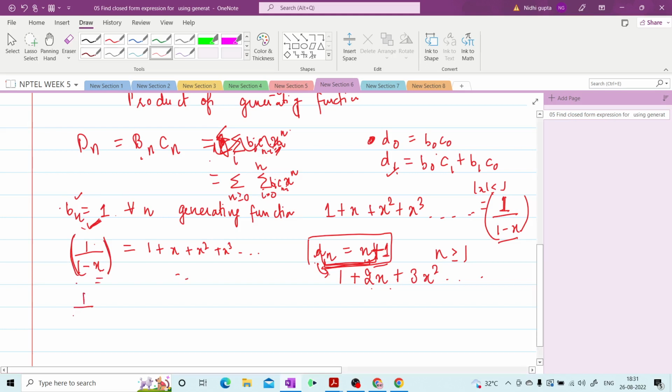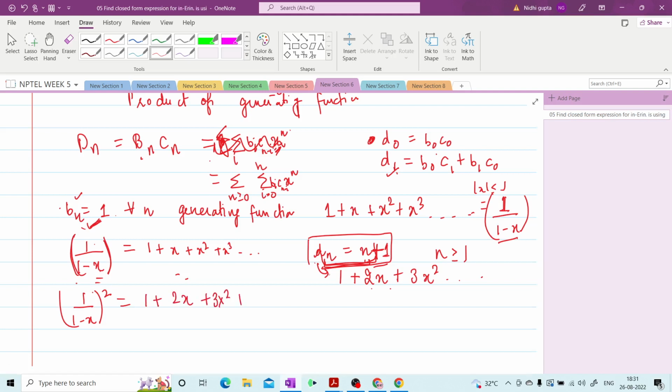We get 1 upon 1 minus x whole square when we differentiate with respect to x, and this will be 1 plus 2x plus 3x square and so on. So the generating function for dn equal to n plus 1 is 1 upon 1 minus x whole square.